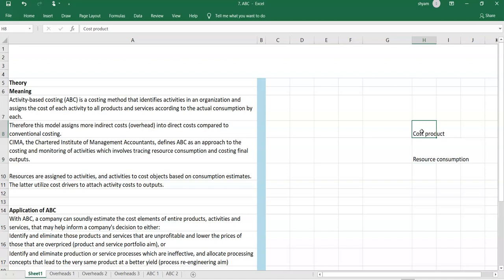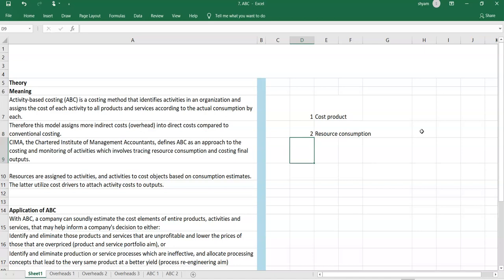That is what is driving the cost. So we could put it like this: the cost of the product is number one, but that is being driven by the resource consumption. The resource consumption is what actually incurs the cost.